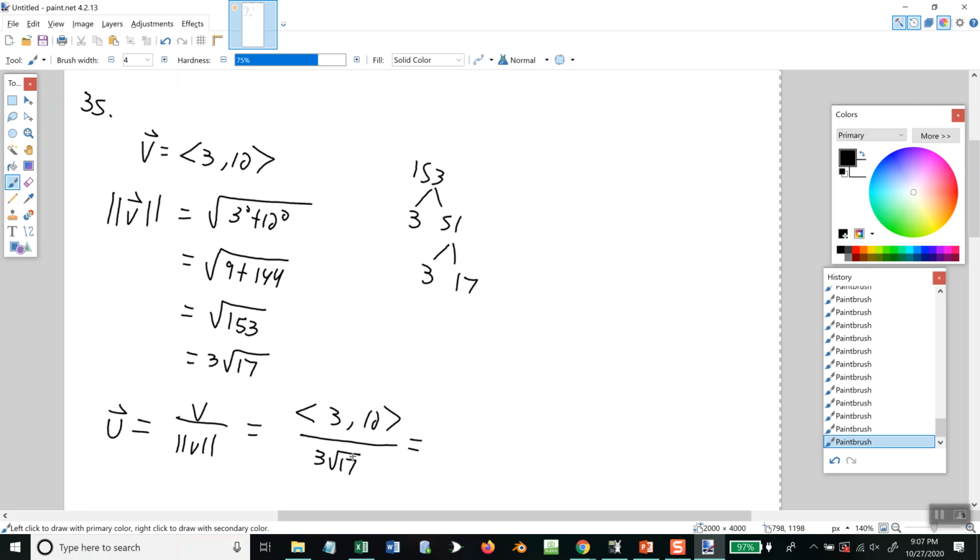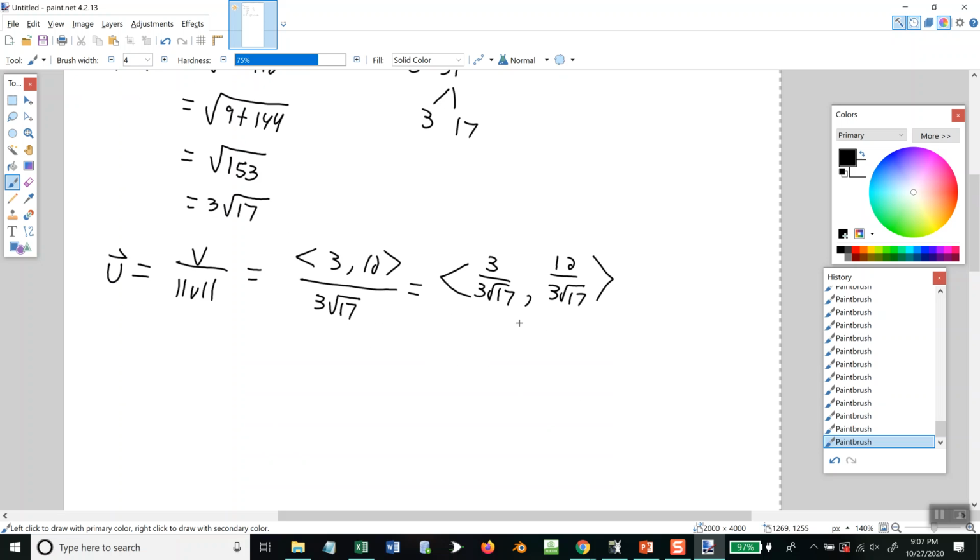Now, when you have a scalar down below there, you either put it clear out in front, which some books do, or you put it underneath each number. So 3 over 3 square root of 17, and 12 over 3 square root of 17. The 3's would cancel. We get 1 over square root of 17, and 4 over square root of 17.